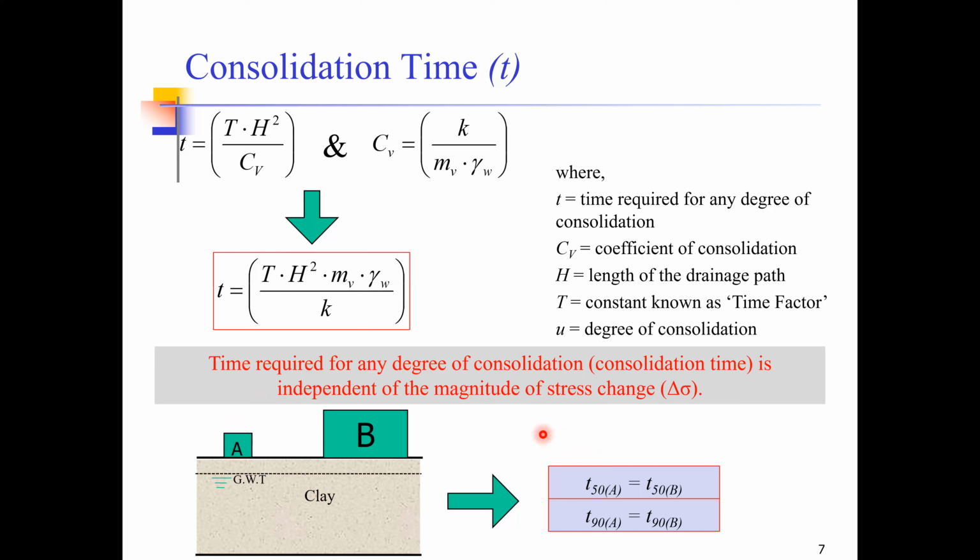So the time required for 50% consolidation, that is 50 millimeters in case of load A and 100 millimeters in case of load B, would be the same in both cases. Same would be the case when we talk about 90% consolidation or any degree of consolidation.